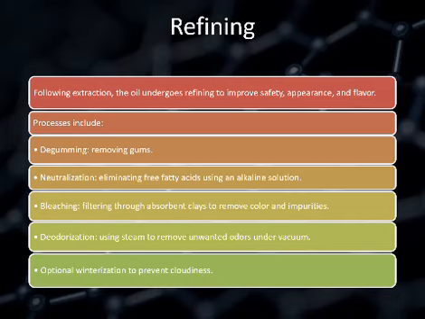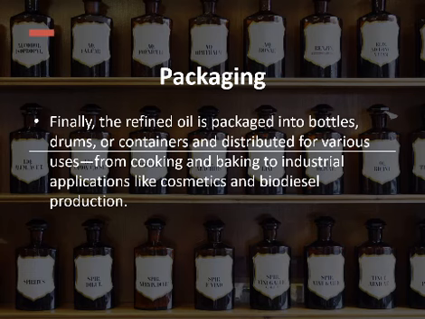Following extraction, the oil undergoes refining to improve safety, appearance and flavor. The processes include degumming, which is removing the gums, neutralization, bleaching, deodorization, which is using steam to remove unwanted odors under vacuum, and optional winterization to prevent cloudiness.